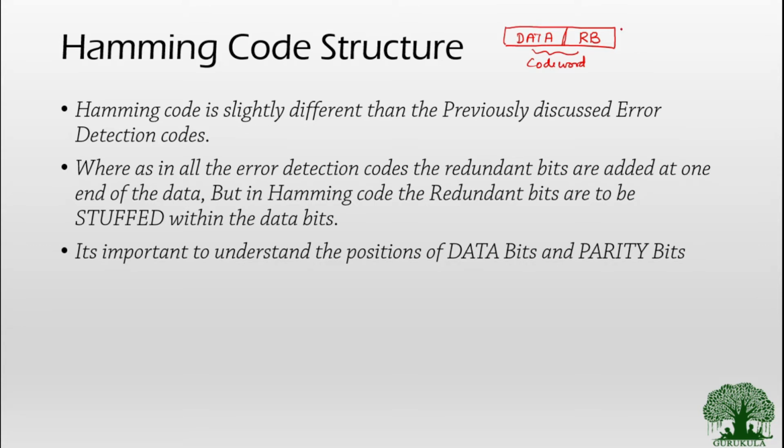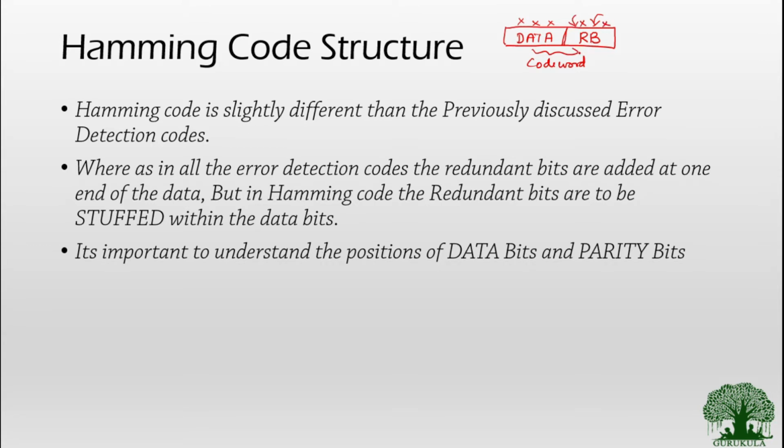The redundancy bits will be removed at the receiver side, and these bits help us understand whether there are any occurrences of errors in the data stream or not. This is a general bird's eye outline of all the error detection codes that we have seen so far. Now we may have a question: what if this particular redundancy bit has experienced an error?